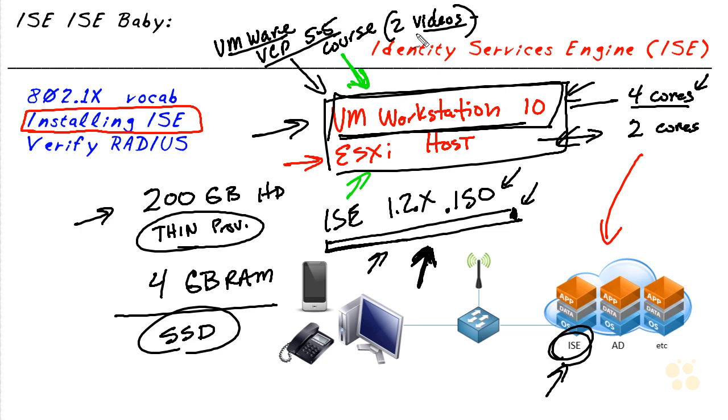The first 2 videos walk you through the installation of a virtual machine inside of both an ESXi host as well as VMware Workstation. So if you need a quick refresher on how to do an install inside of VMware, please check out those 2 videos.